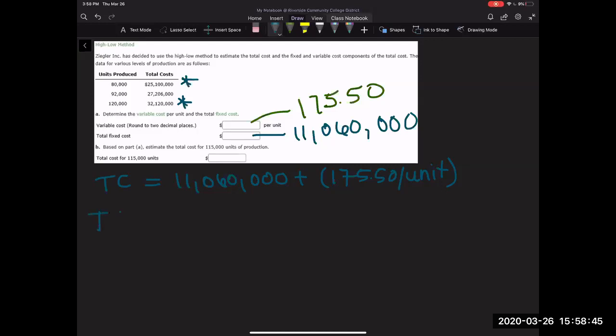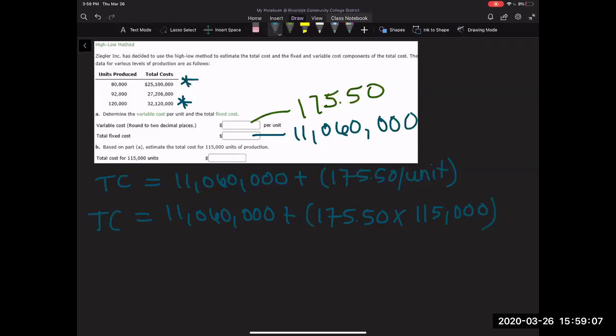Now to do that, we're just going to plug this in. So total cost is our $11,060,000, representing our fixed cost, plus our variable cost per unit of $175.50 times the number of units in question that we want to understand the total cost about, which is 115,000 units, right?